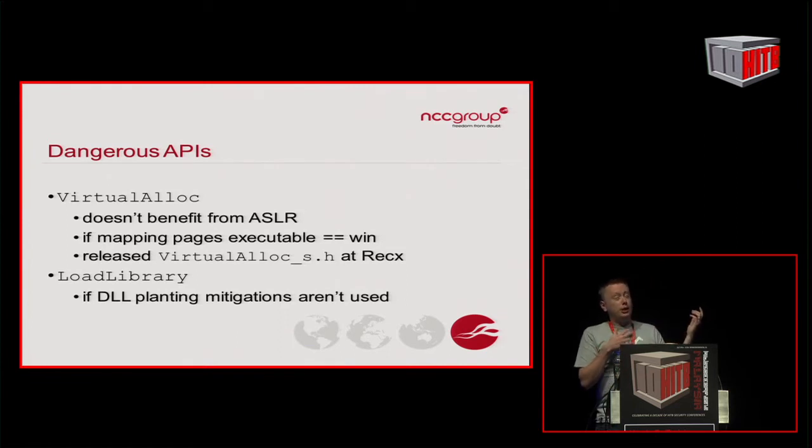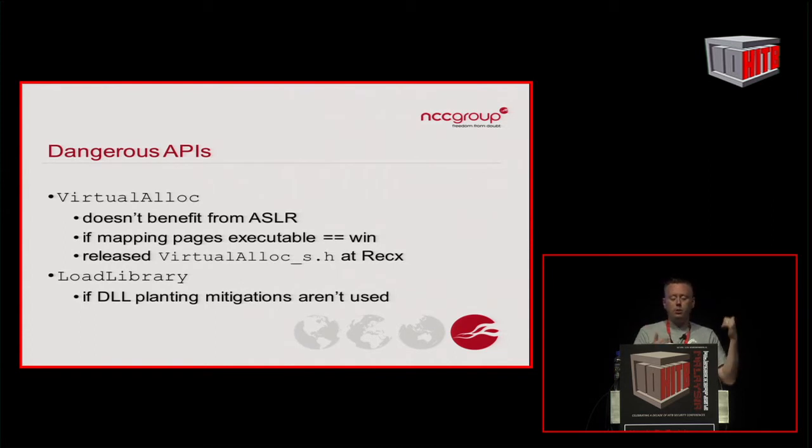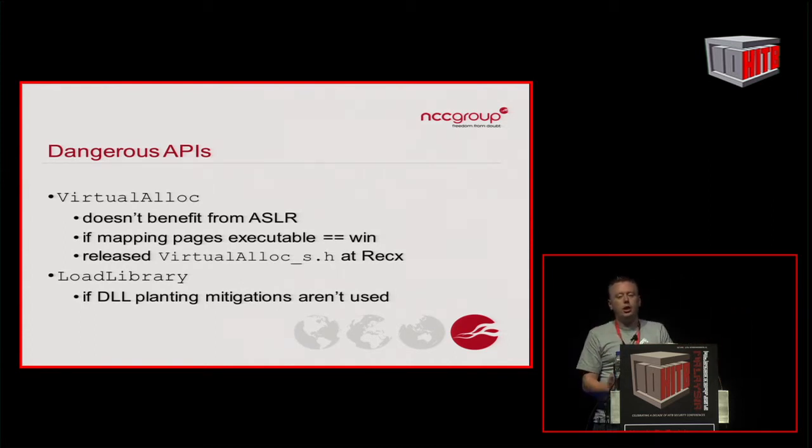I guess at the beginning of this year, when I was working somewhere else, we released a secure version of VirtualLock called VirtualLock_s, which uses an algorithm where it tries to do top-down, bottom-up randomization and some other stuff to try and increase it. So it's something to be aware of.